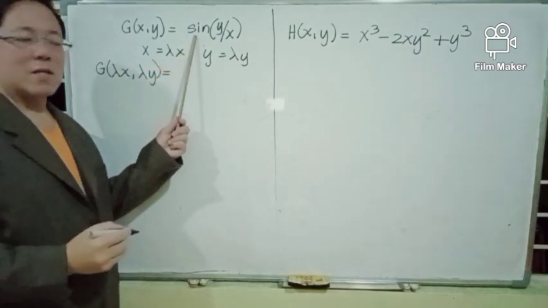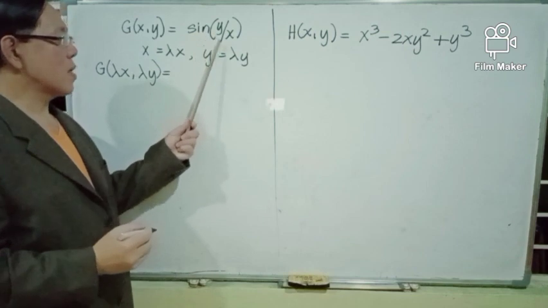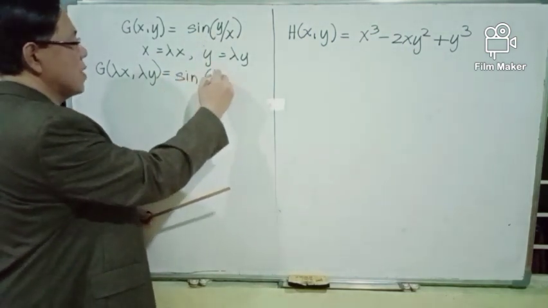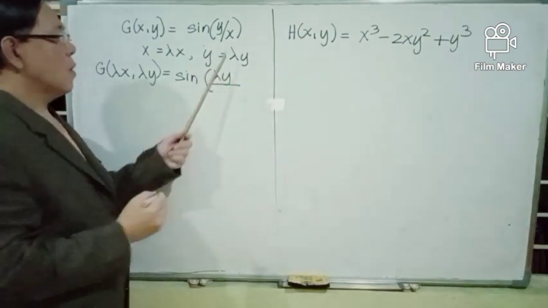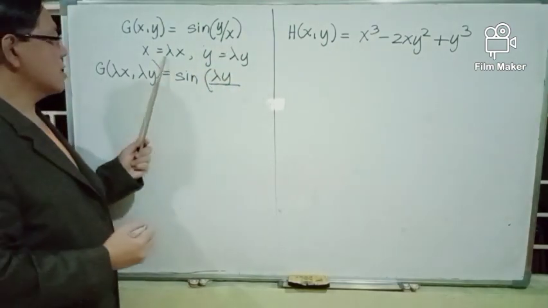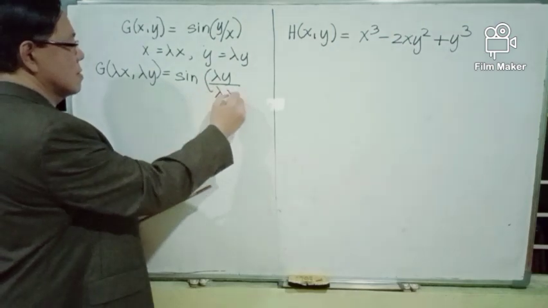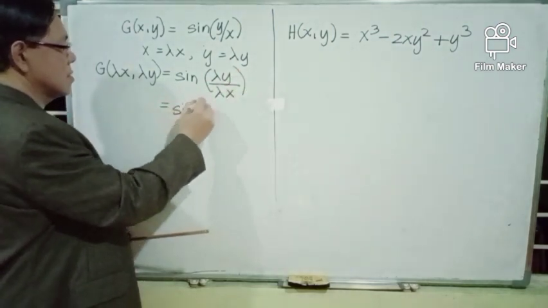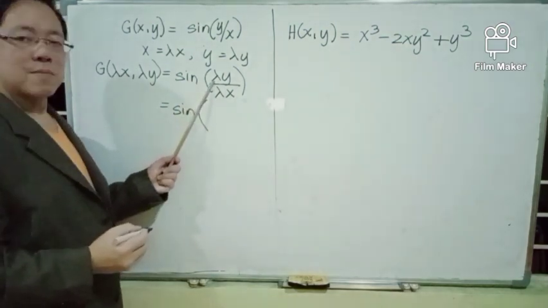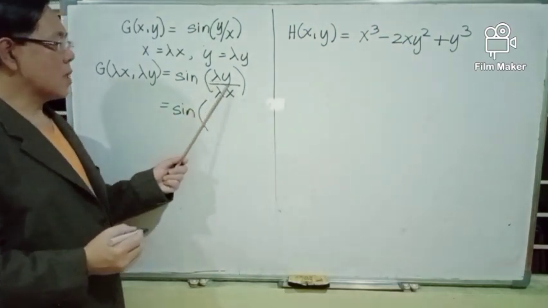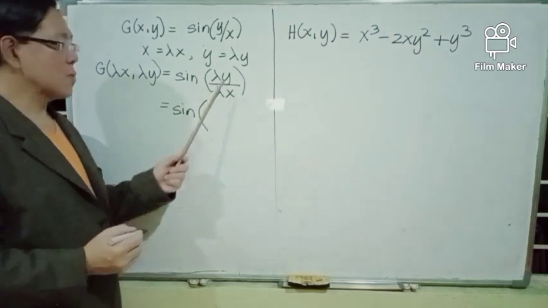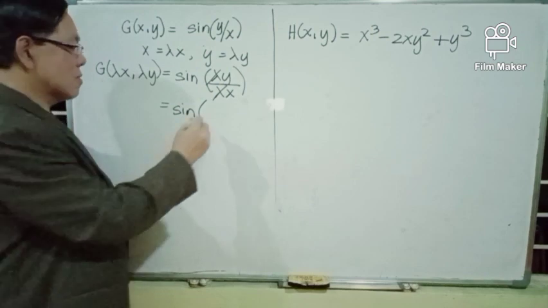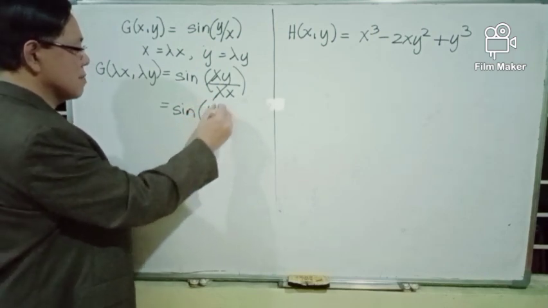At the right hand side, we have sine of lambda y over lambda x. You can see that lambda y over lambda x simplifies to y over x, because lambda and lambda cancel out.